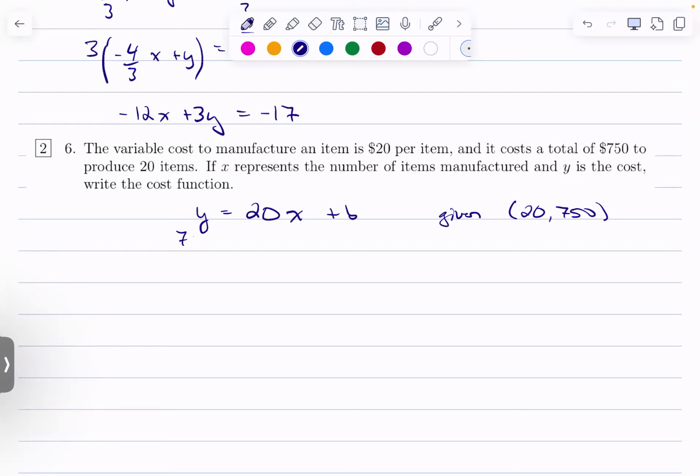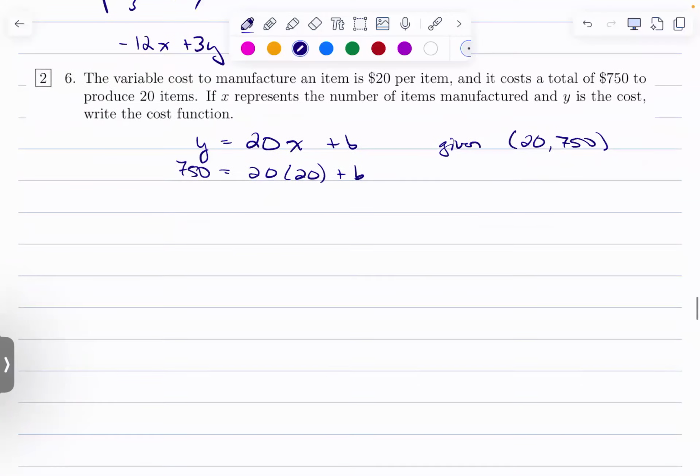So now we can use that to solve for B, just like we were doing. And so now I have 750 is 20 times 20 plus B, and 750 minus 400 makes 350 is equal to B. And I usually write those in the other order.